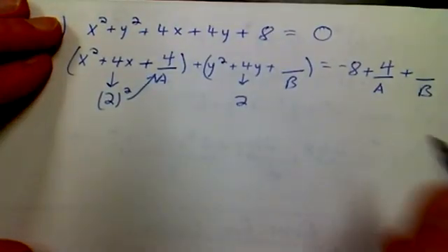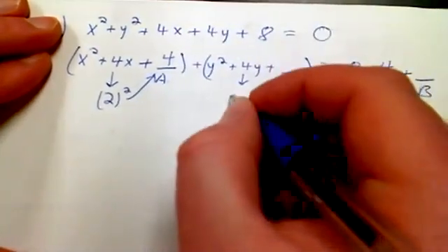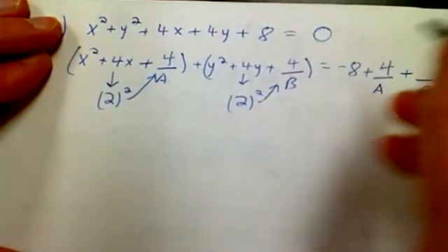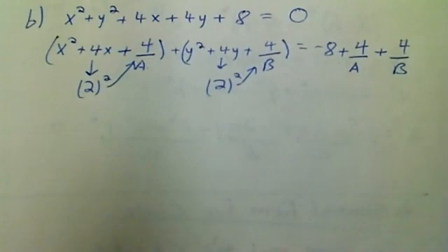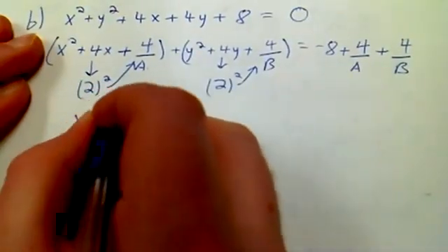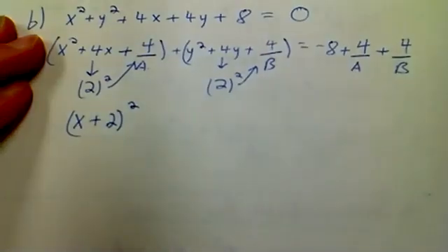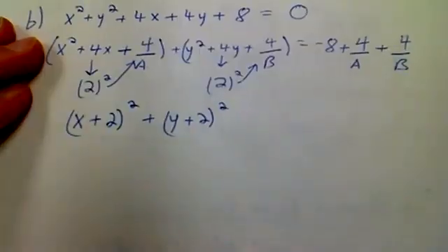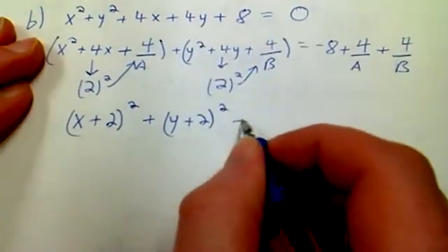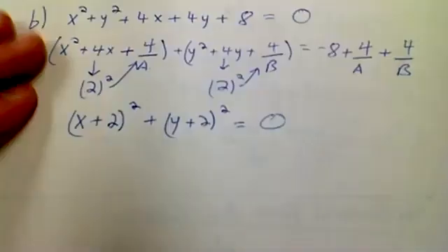So this is also going to be 2 squared is 4. So I'll put a 4 here as well. And once again, I know this is x plus 2 quantity squared plus y plus 2 quantity squared. That's going to be equal to 0.